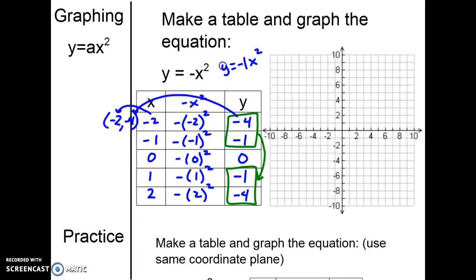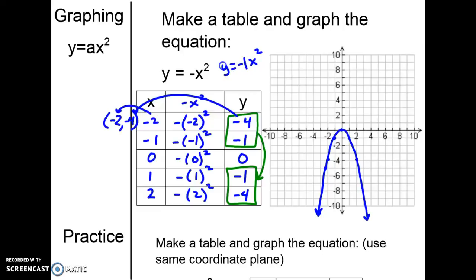Here we have -2, -4, right there; -1, -1; 0, 0; then 1, -1; and 2, -4. Then we can create our parabola. It should look something like this.